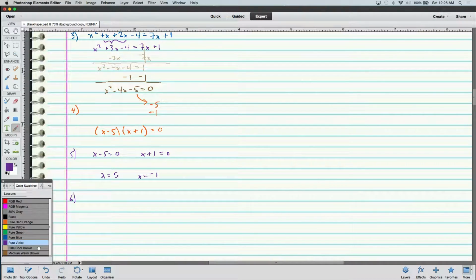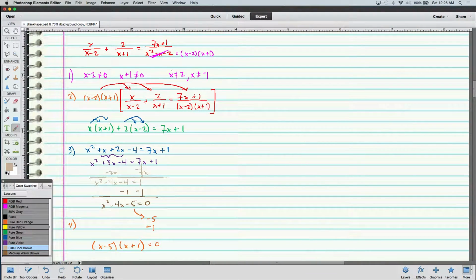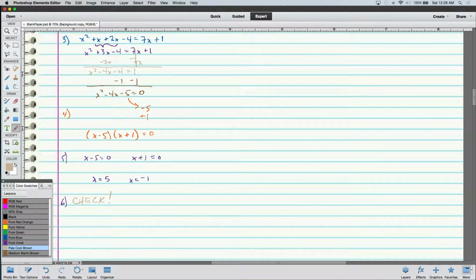Step 6. And this is why I put this problem into the examples. Check. Look at what we had for our restrictions. We had two restrictions here. x cannot equal 2 and x cannot equal -1. But we got -1 as one of our solutions.